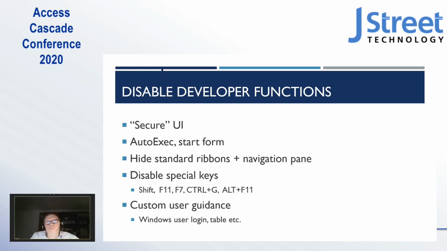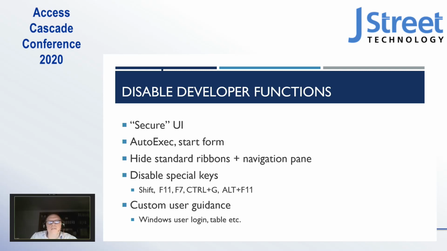Well, if you want to provide your customers, your clients with a secure Access application, what are you doing? These are the basic things. You will provide them with a secure UI. That means you will use an auto-exec macro and/or start form. You will hide the built-in standard ribbons. You maybe show your custom ribbons or no ribbons at all. You will hide the navigation pane.